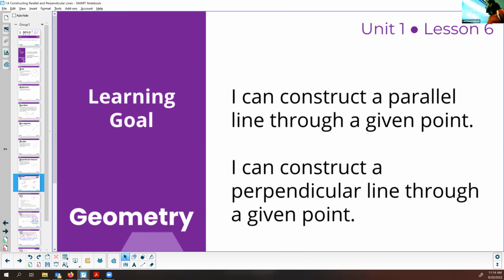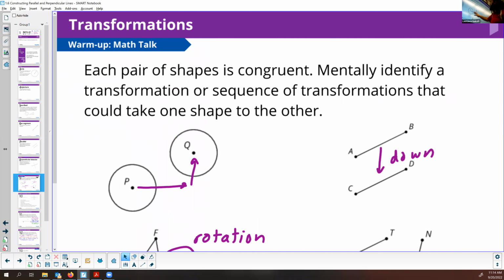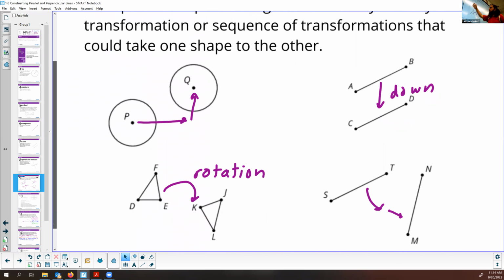So the first thing we did was we looked here and saw how things moved. You guys noticed, it was a class effort noticing it. Going from circle P to circle Q, we shifted right, we shifted up, we just kind of moved it into place. A to B was just moving it down.